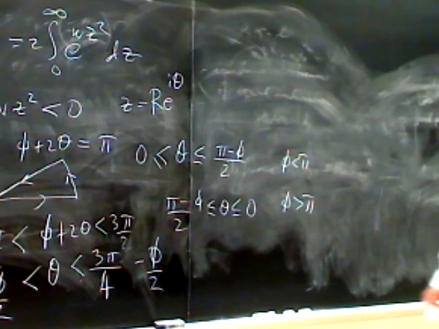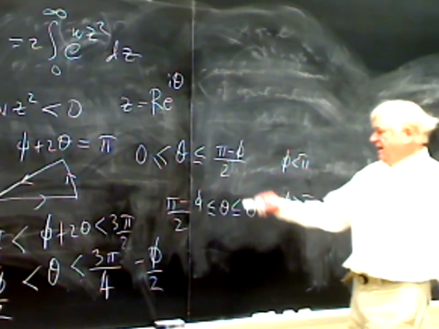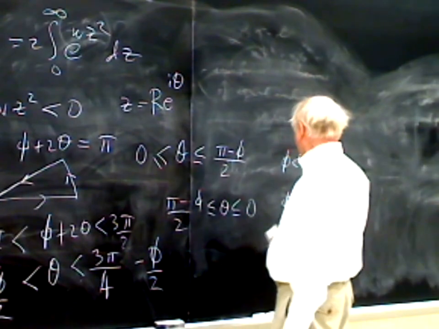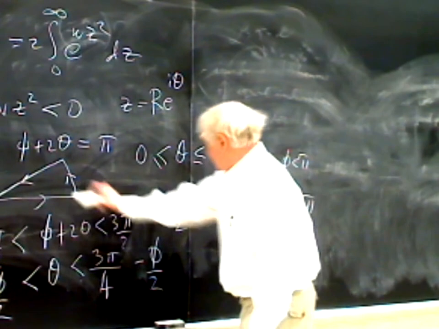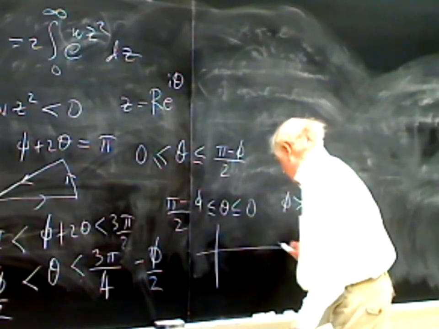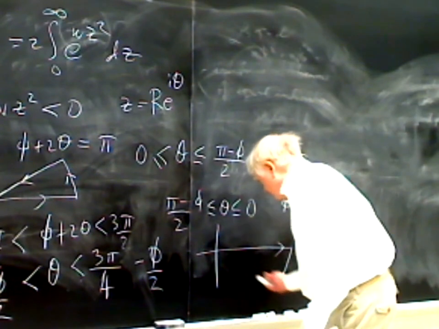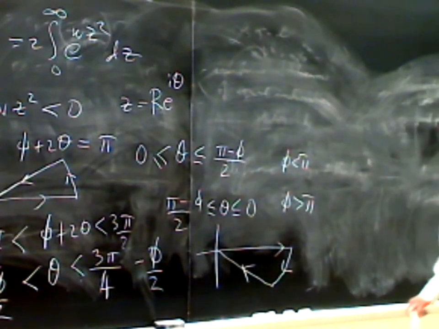So it depends on where phi is. But in either case, if phi is less than pi, this is the contour. If phi is greater than pi, then it looks like this. Okay?